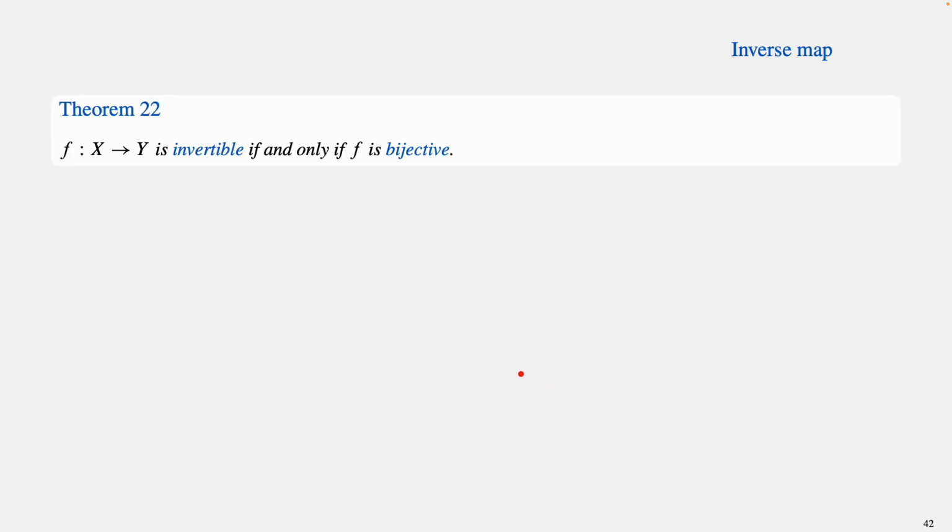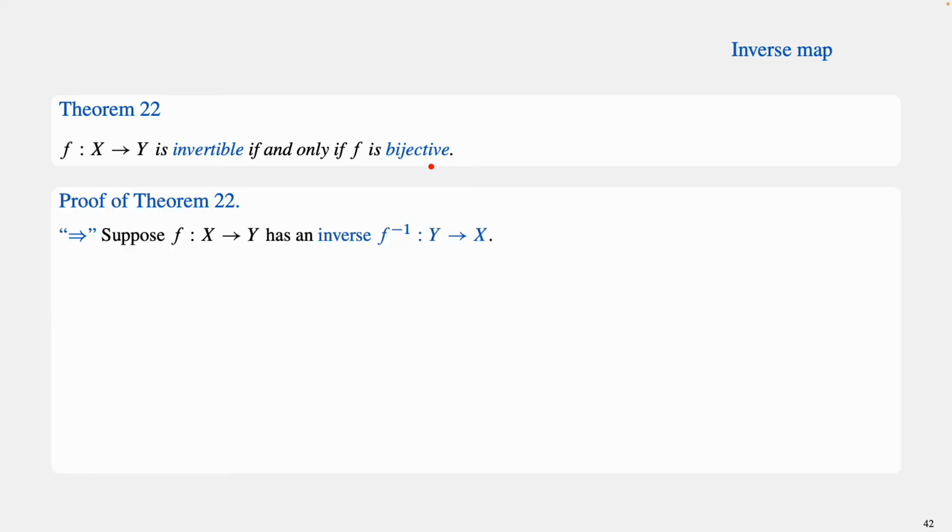More precisely, a map f from X to Y is invertible if and only if f is bijective. So these two mean the same thing, f being bijective and f being invertible. And we will prove this.